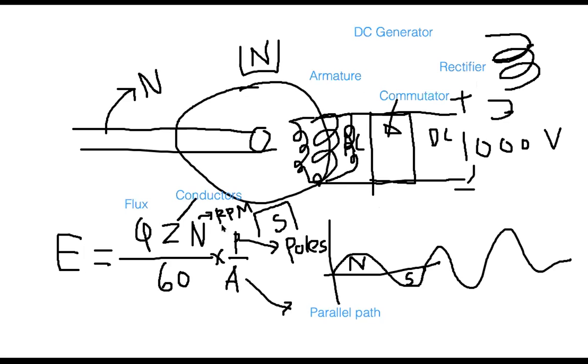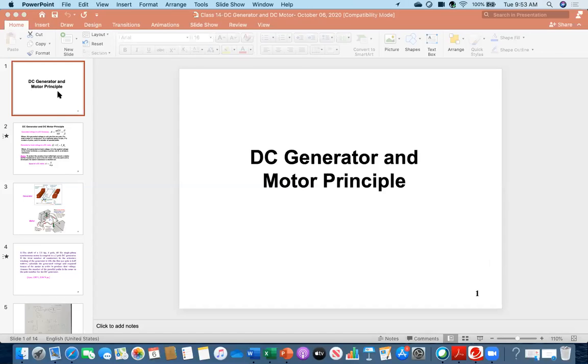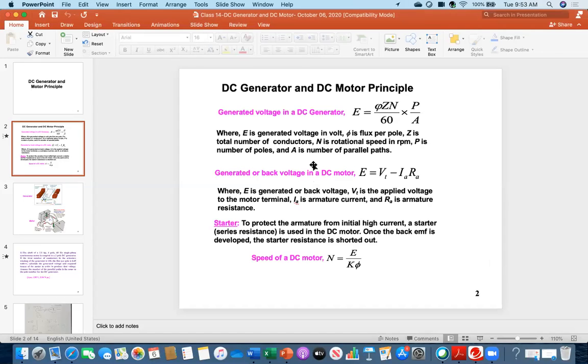So I have written down this equation in another slide, so you are getting it in plain version. Let me take you there. Okay, everybody see, I have written down that equation.